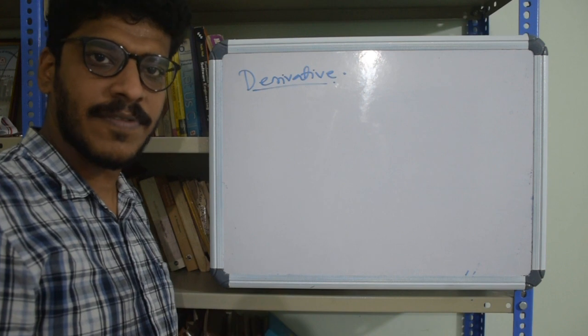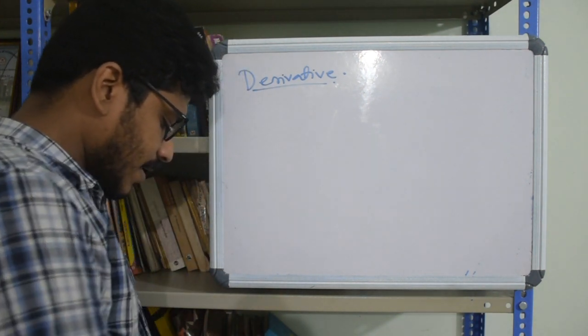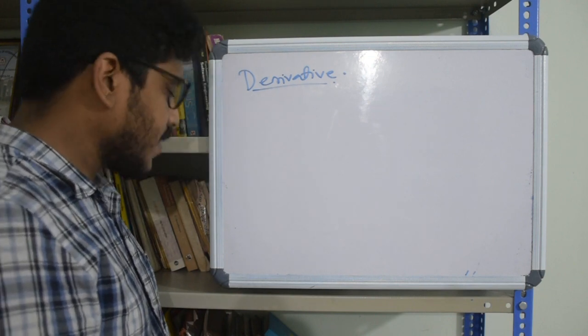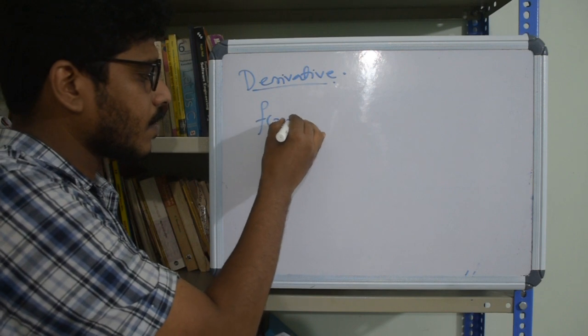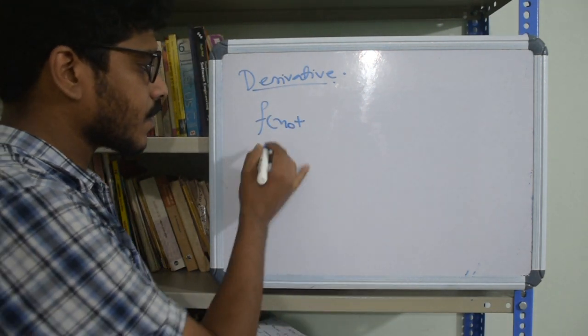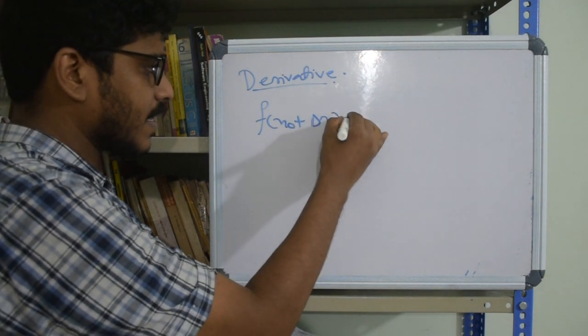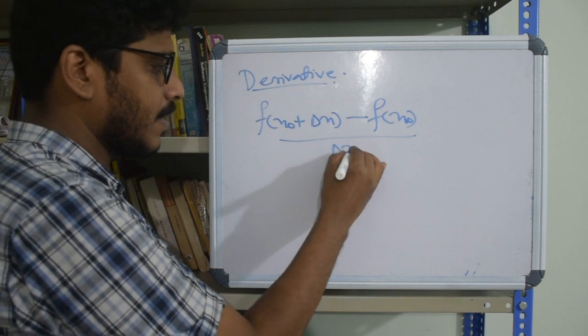F has to be a differentiable function, in fact, in some cases. So consider, for now, f to be a function and define f of x naught plus delta x minus f of x naught divided by delta x.